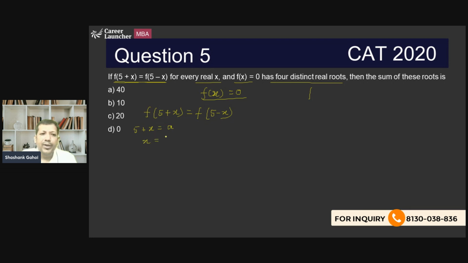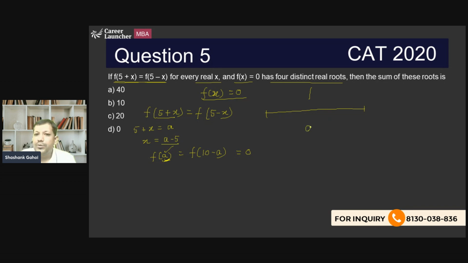So x is equal to a minus 5. Okay. I'm just going to put this value. So f of a is equal to, x is equal to a minus 5, and so that is equal to f of 10 minus a. Okay. Now what do we have? So if the function is 0, if a is, let's say, this is equal to 0. Okay. a is a root. So if a is a root, then 10 minus a is a root, right?